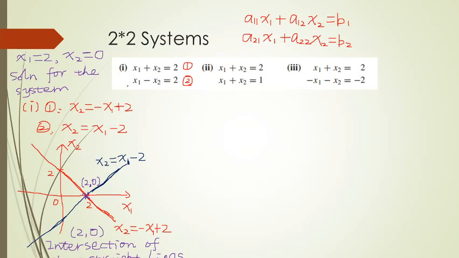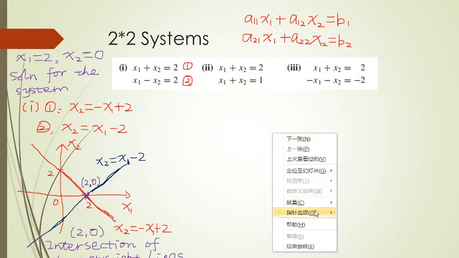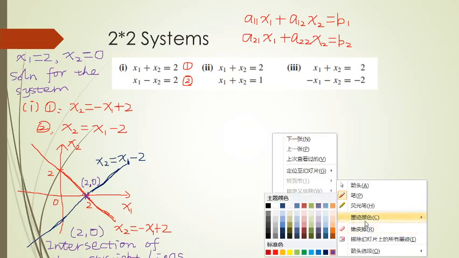So of course at the intersection, the x1, x2 values will satisfy those two equations simultaneously. So this intersection actually gives the solution for the 2 by 2 system, right? Now, in this way, if we can show the straight line of the second one, then we can find the solutions of this 2 by 2 linear system, right?